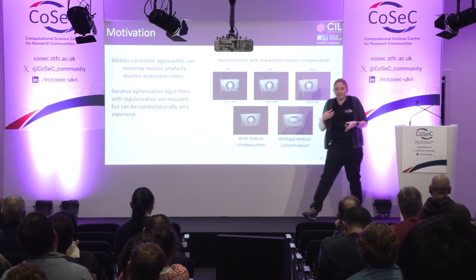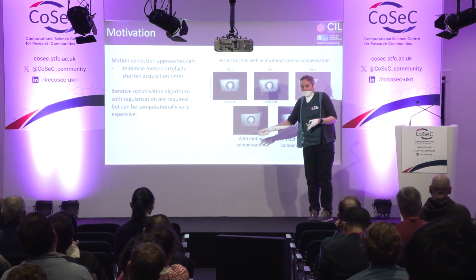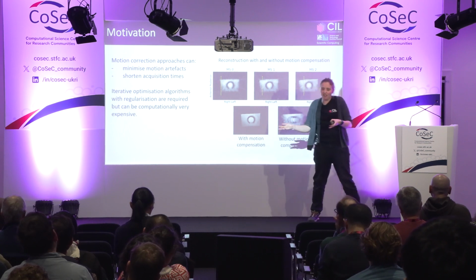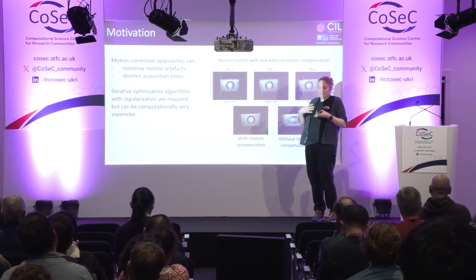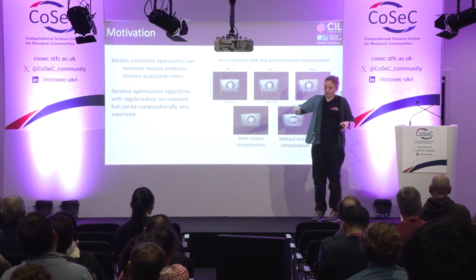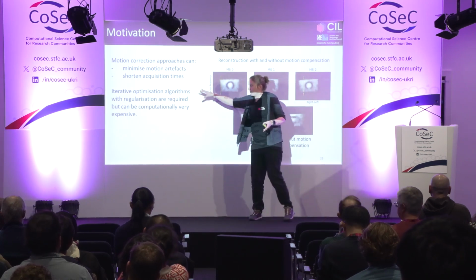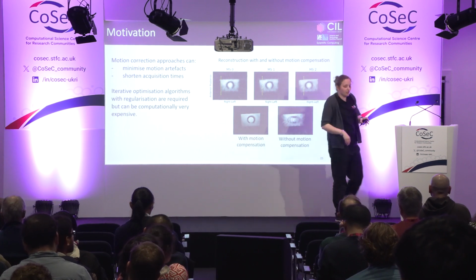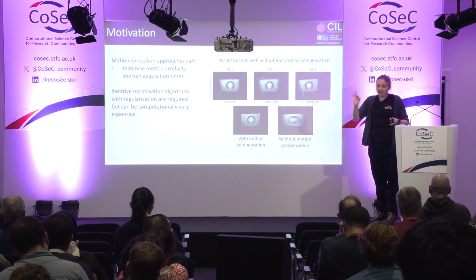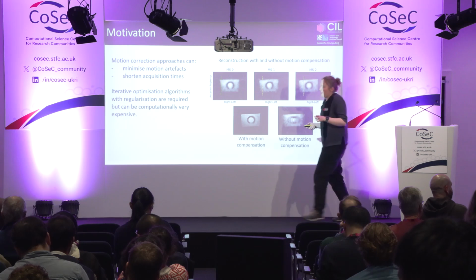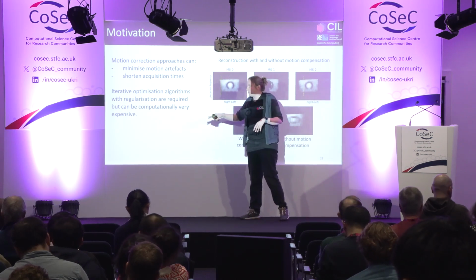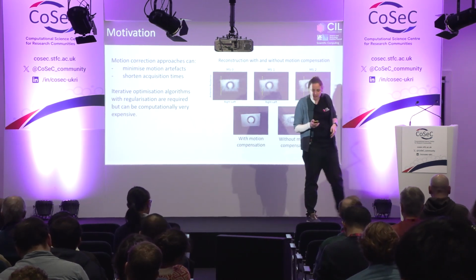If you can take data the whole way through the cardiorespiratory cycle and correct for the motion using software, rather than the patient physically holding their breath or someone pressing stop-go on the recording device, then you can shorten the acquisition times. So, motion correction, brilliant, but it requires iterative optimization algorithms, and these can be computationally very expensive.